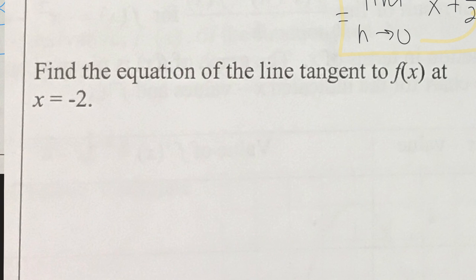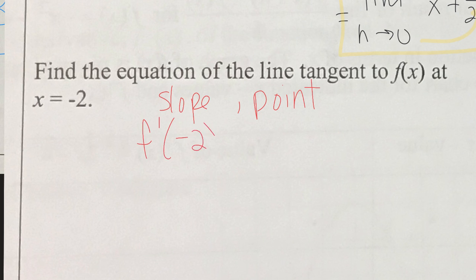Okay, so remember the two things that we need to write the equation of a line. We need a slope and we need to find the point. The slope is the first derivative, or f prime, at negative 2, because our x value is negative 2. And our point is negative 2 comma f of negative 2.